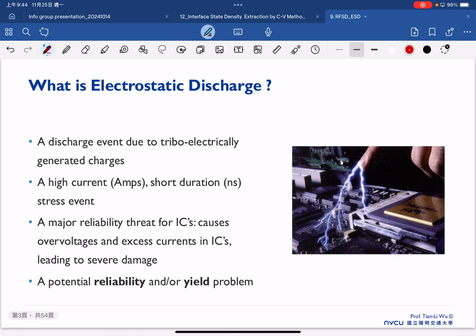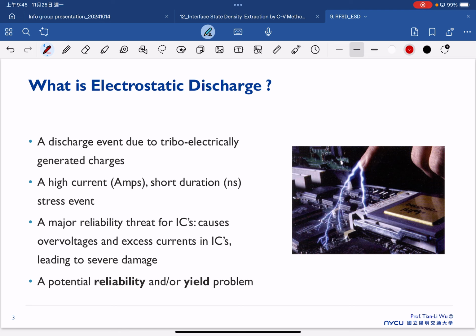Okay, so first, just introductions. What exactly is electrostatic discharge? Actually, this is a natural phenomenon that you have probably already observed, especially when it is very dry, like in the winter time, or sometimes in western countries, in very high altitude regions, where the air is usually very dry.